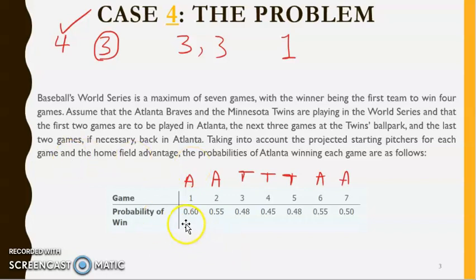As you can see, the home games for Atlanta have a higher chance of being won by Atlanta. For example, in Atlanta games you see 60%, 55%, 55 and 50%, but for the away games, all of them are below 50%.